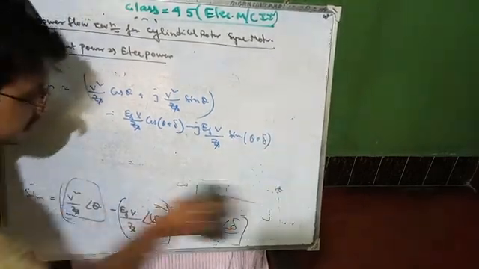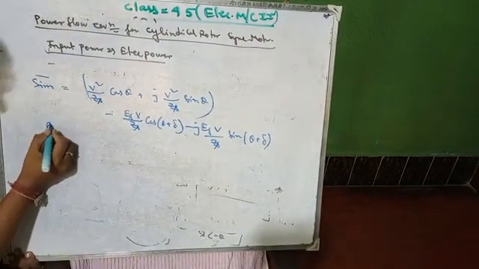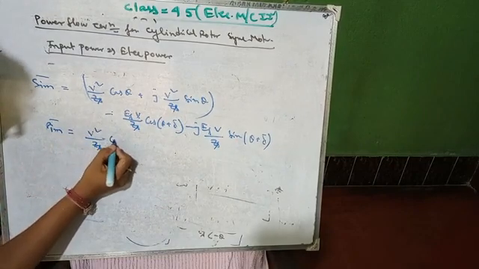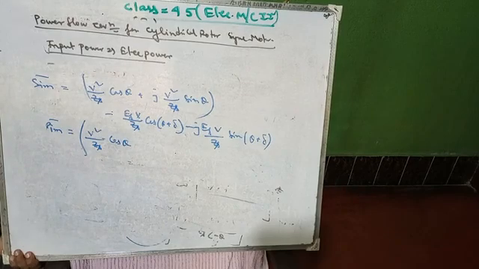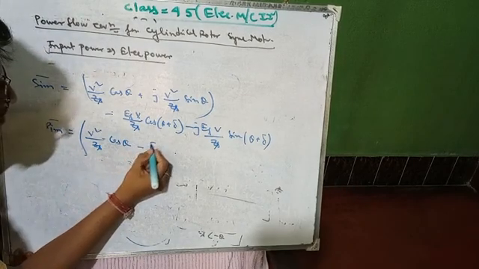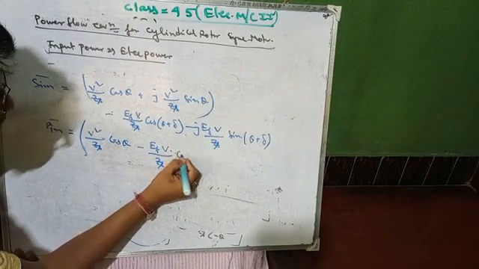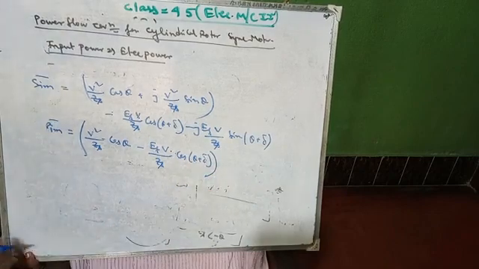So the real part of this complex input power, that will be PIM bar equals V square by ZS cos theta minus EF V by ZS cos of theta plus del. So PIM is this one.